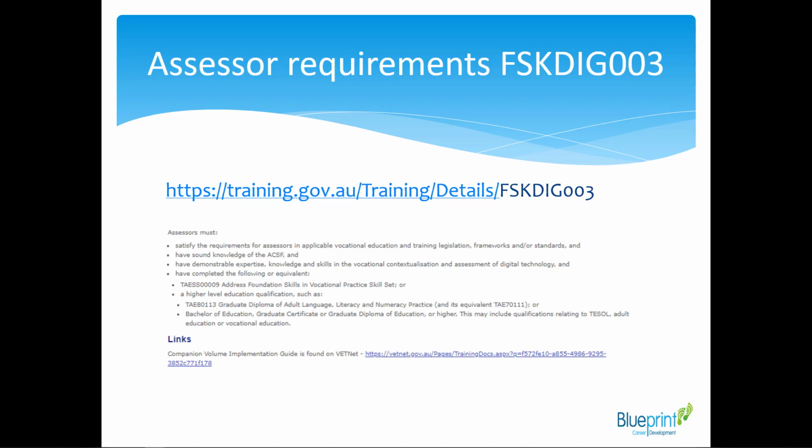To see this in action, again, you can go to the training.gov.au website, use the quick search to look for the unit FSKDIG003. And once the unit is displayed, scroll down to the assessment conditions and read the requirements for the assessor. RTOs will set their own policies and procedures to be followed when recruiting and hiring trainers and assessors.